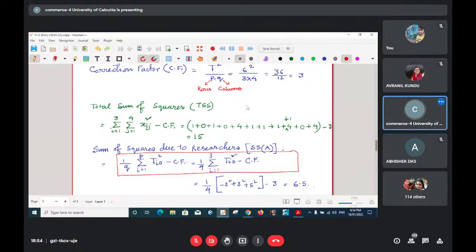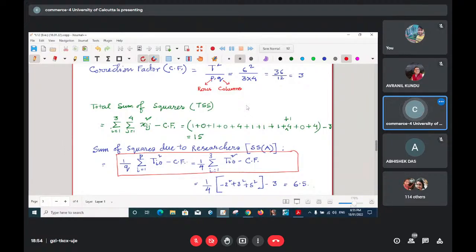You will say, sir, whenever you are taking row, why are you dividing it by column? I am trying to take the average of the row total and the average of the column total. When I am taking the average of the row total, it will be divided by number of columns. Whenever I am taking the average of the column total, it will be divided by number of rows.